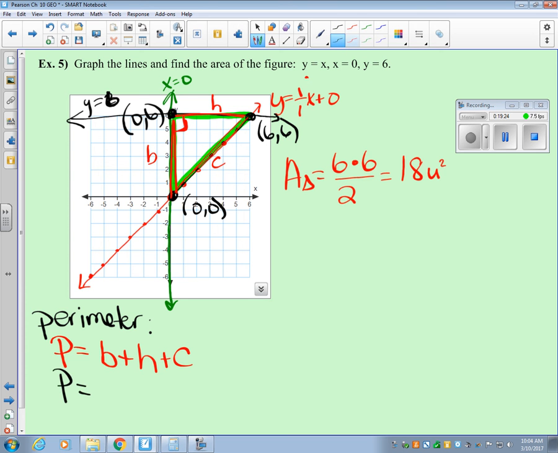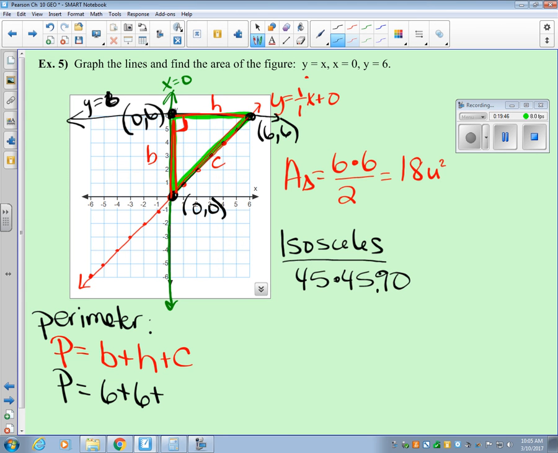Okay, so we know that the base is 6. The height is 6. What kind of right triangle is this? I'll give you a hint. This is not the answer. 45, 45, 90. Yeah, it's a 45, 45, 90. Anytime you have an isosceles right triangle, boom, you're 45, 45, 90.